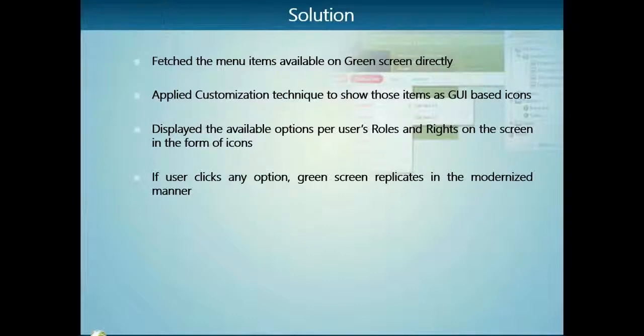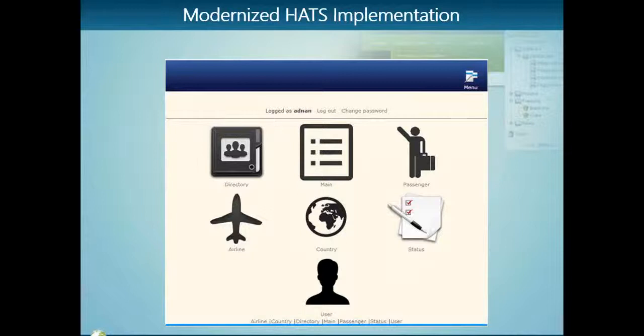So you can see here that this was the transformation we made. Instead of each menu item that was a textual menu item, we replaced it with an icon, and these icons are shown on the screen based on the user's role, because the green screen was showing these menu items based on the user's role.